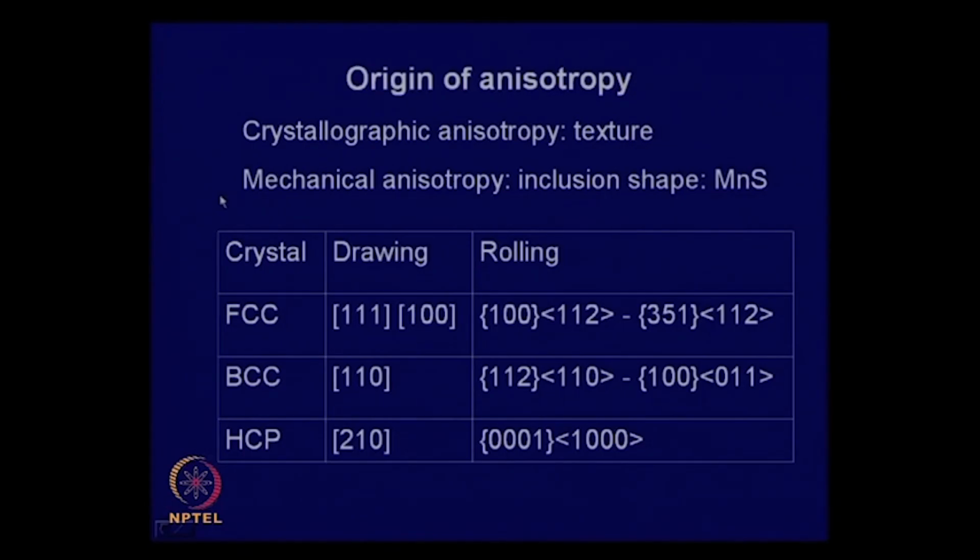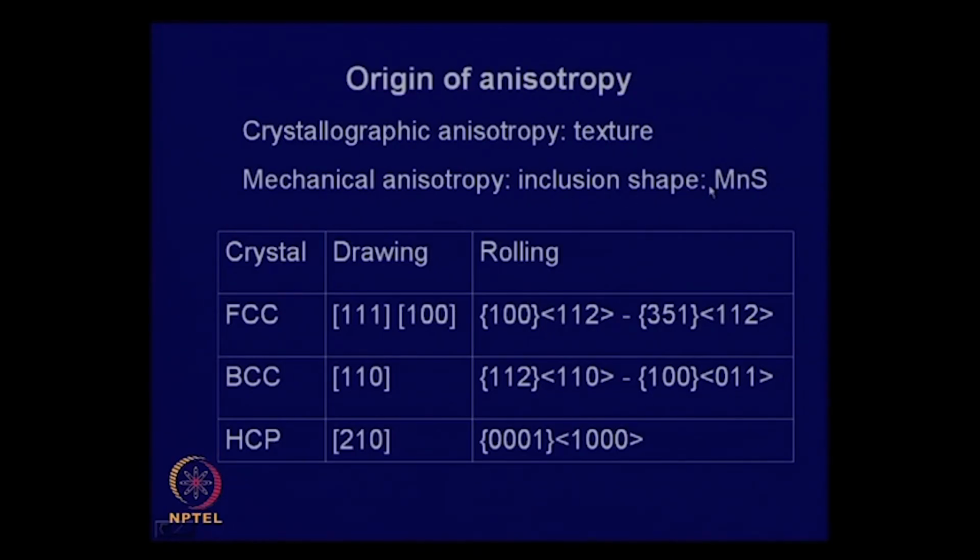Another reason for anisotropic behavior in a polycrystalline material is that metals are often not made up of a single phase. There is a certain amount of unintentional phases present, like inclusions, and some of these inclusions, like manganese sulphide in steel, change their shape; they get elongated during plastic deformation or thermomechanical processing.